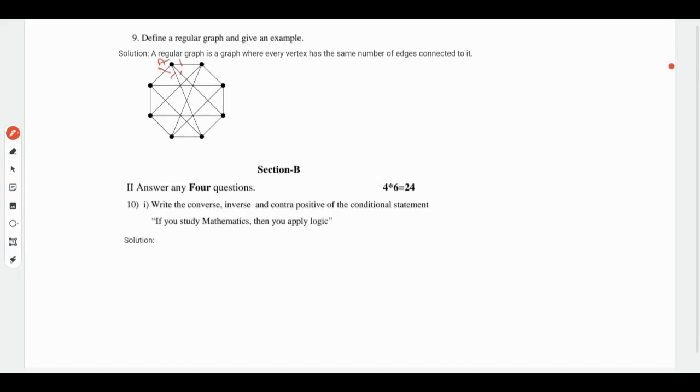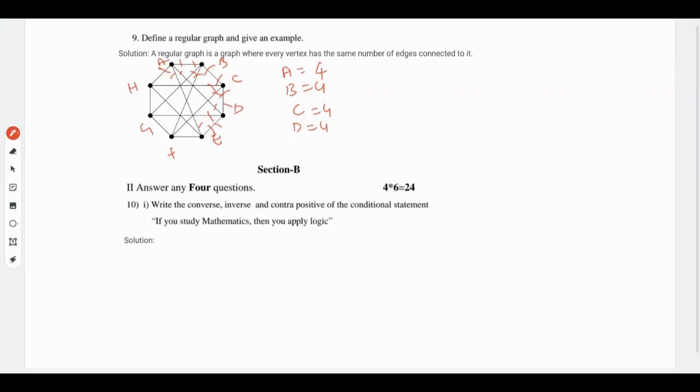So we consider A, B, C, D, E, F, G, H. A has how many edges? 4 edges. Then B has 1, 2, 3, 4. B is also having 4. C is also having 4. D is also having 4.